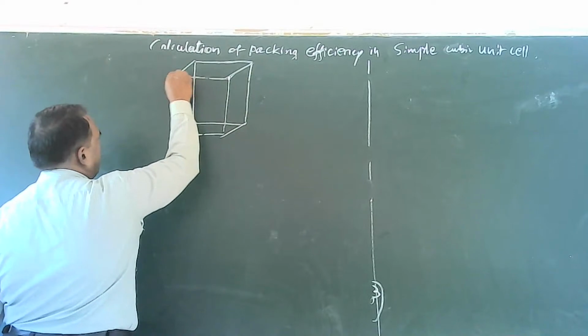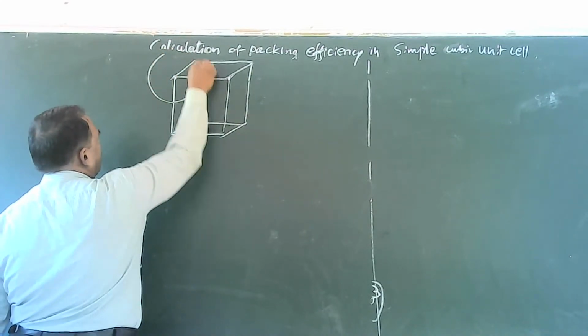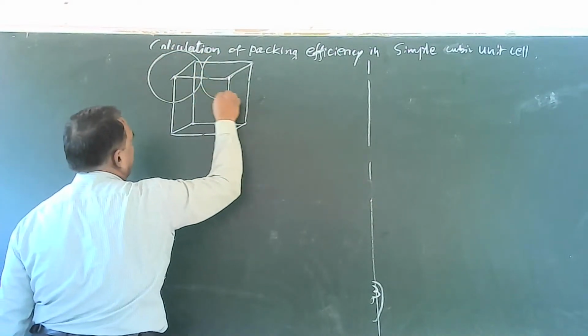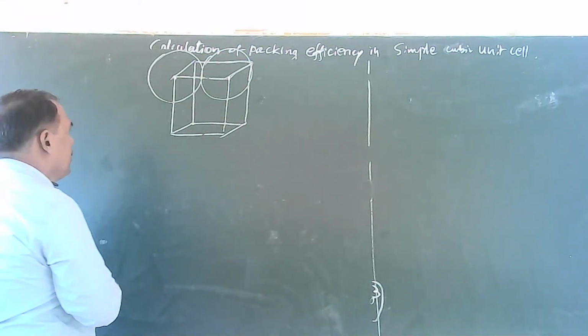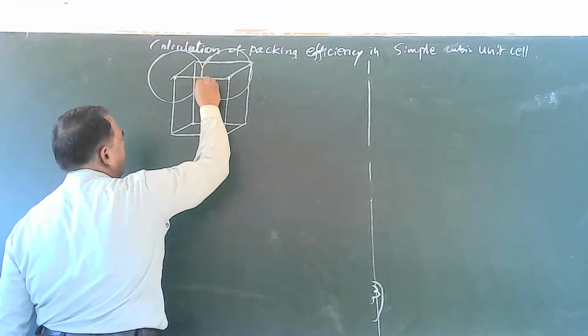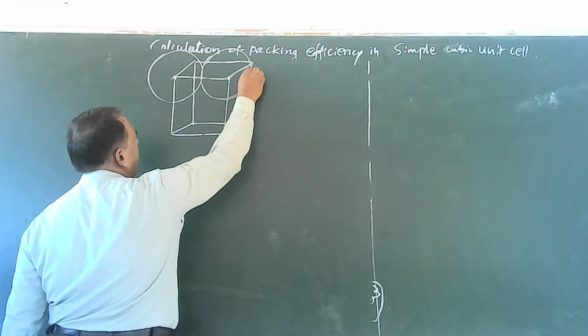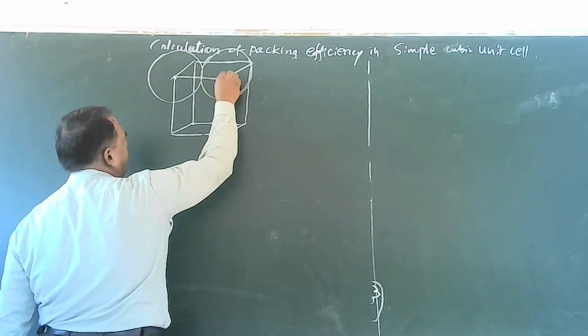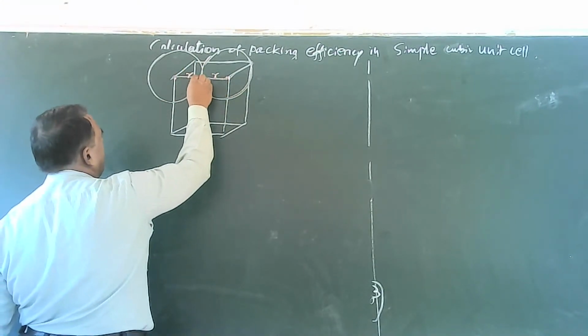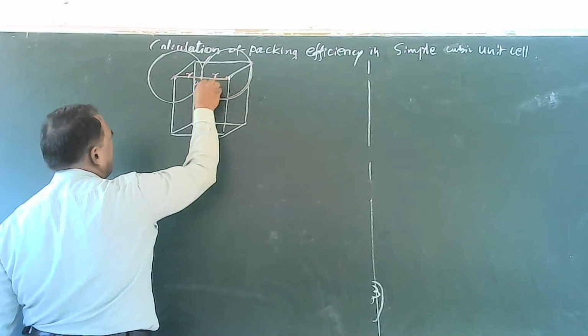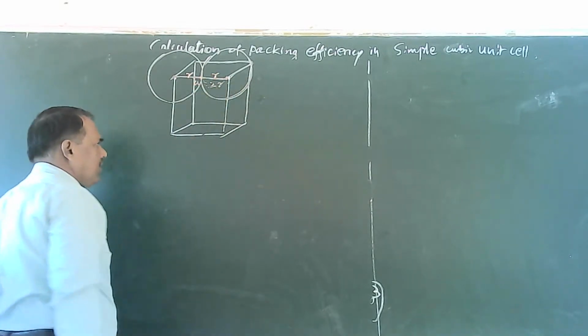See, this is nothing but one another. See, these are nothing but the two spheres we can find here, and other particles are there over here. So these are the only two spheres we can find. And this distance is nothing but r, and this is also r, and we will get A is equal to 2r.